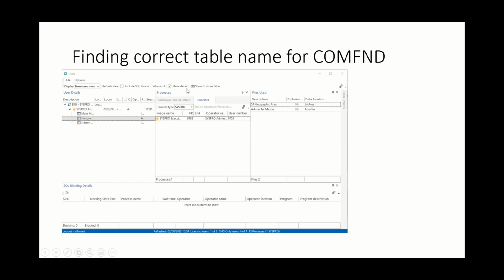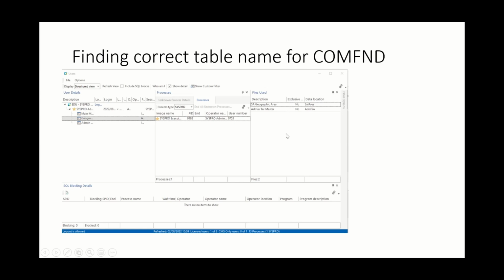And the trick here is to check this Show Detail. If you press that, you'll get a list of all the programs that user is currently running. If I highlight the geographical area maintenance one here, you'll see over here it gives me a list of all the files used. And lo and behold, that's the one we're after, SAL area.